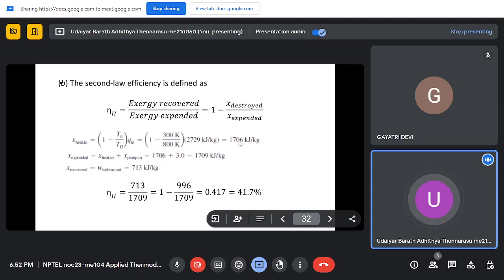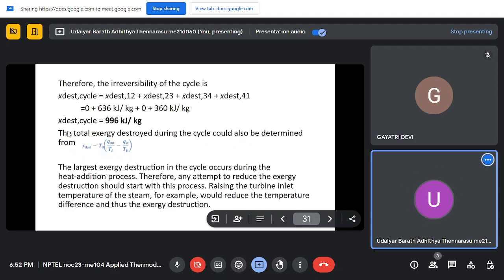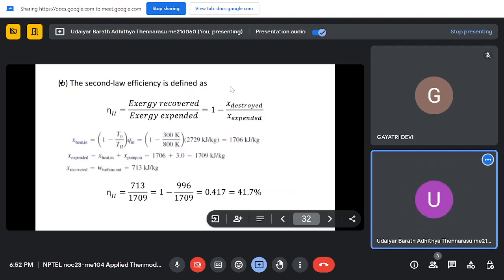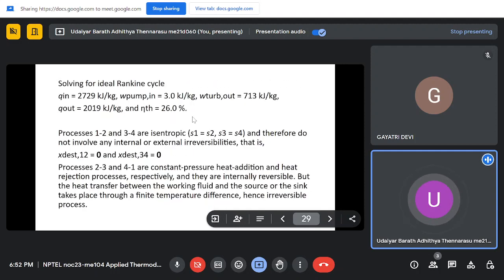So the exergy of heat in is 1706 kilojoule per kg. I have added that to the pump, so that is the exergy expended. And what was destroyed, as we have already calculated, is 996 kilojoule per kg. You can substitute it directly: 1 minus 996 by 1709, or exergy recovered is the useful work which you have got, just 713.